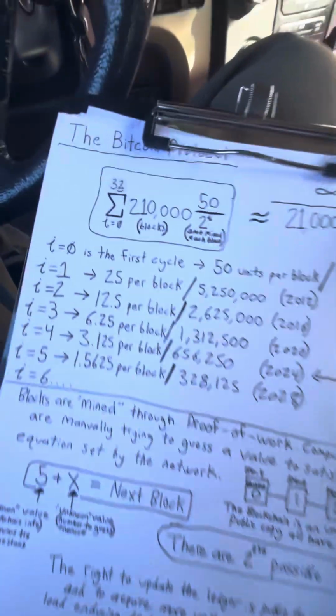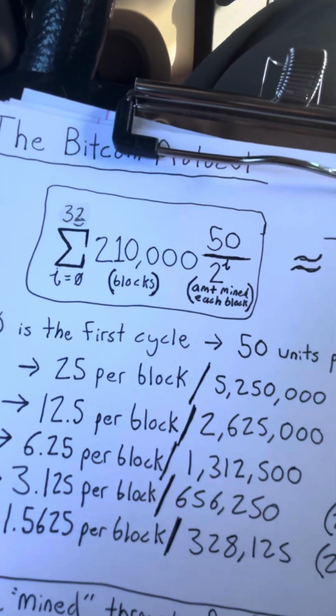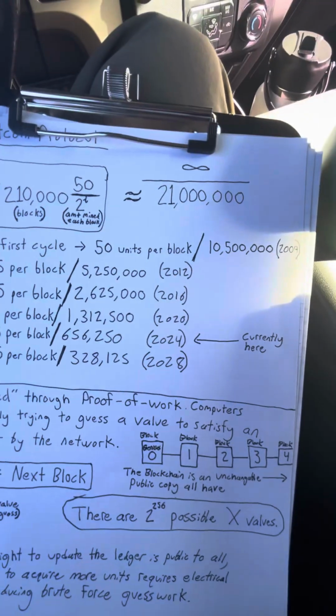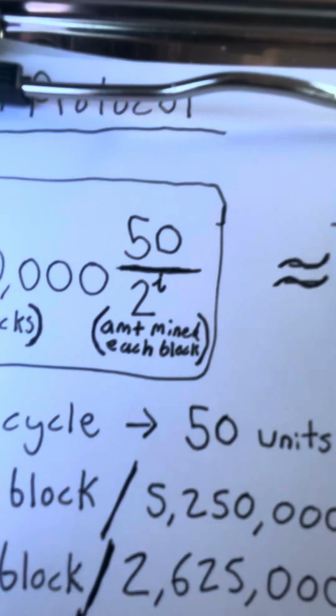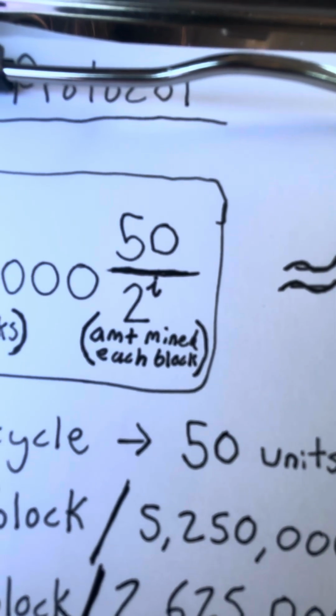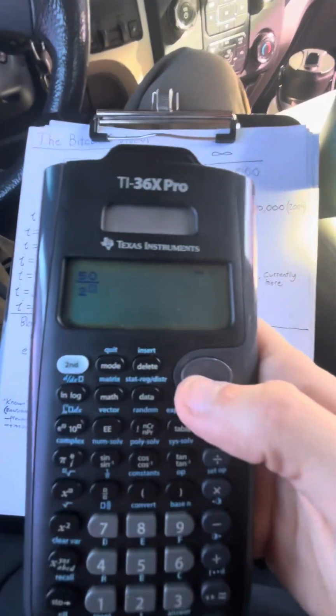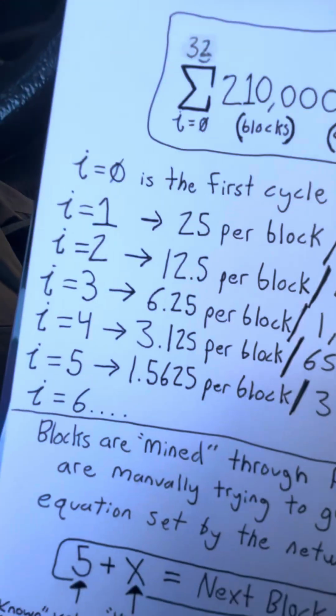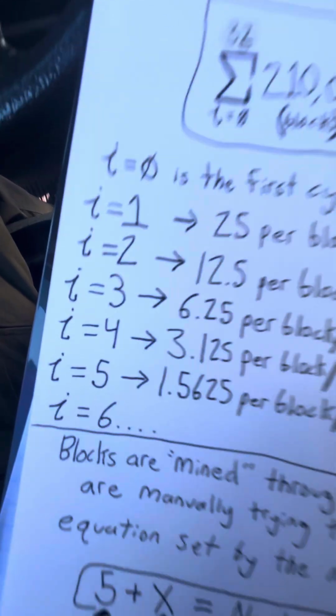Another really cool thing about this equation is if you pull that 210,000 out and you just want to know how many units per block you get, just use that 50 over 2^i. So for example, we have 50 over 2^i plugged in here, and we are on cycle 5, which means i equals 4.